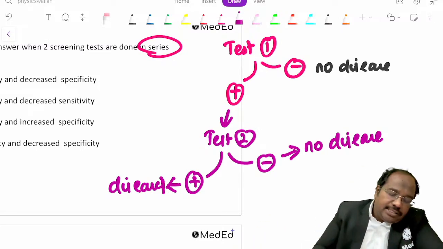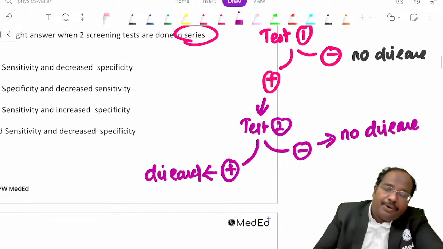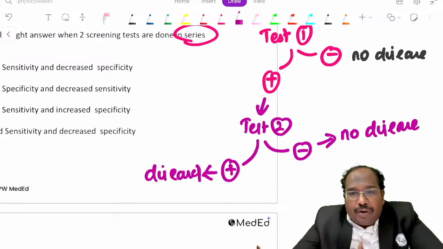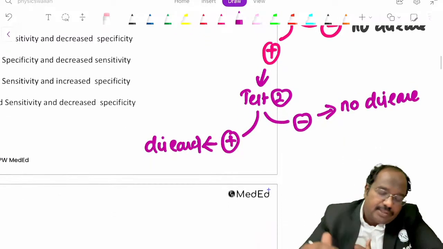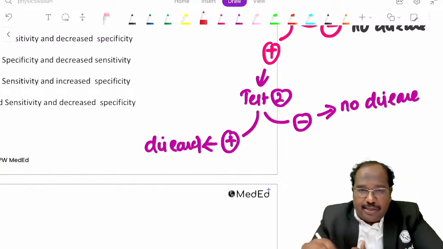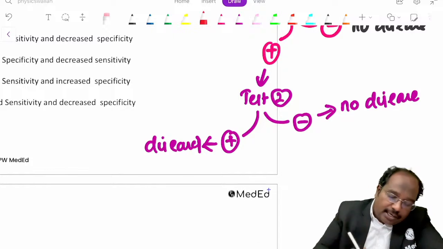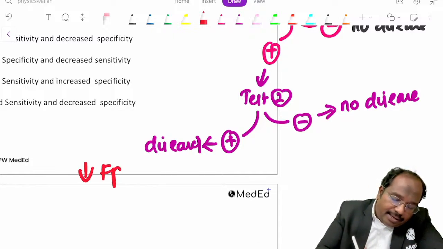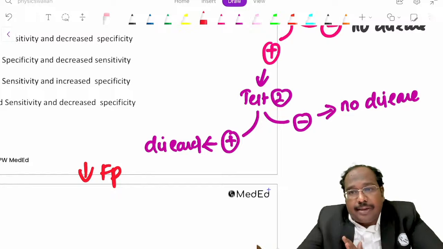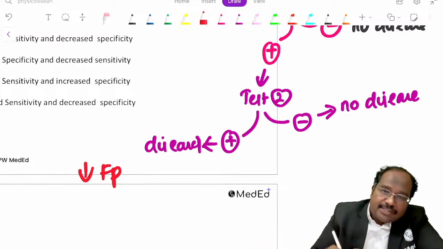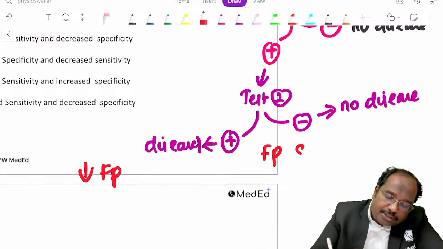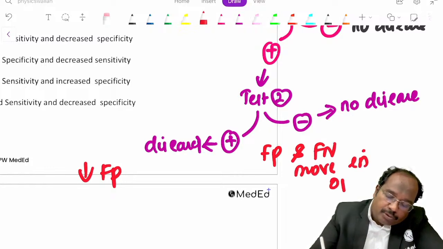Now, logically, can you tell me what will happen to false positives and false negatives? False positives alone we will see. You have to do two tests. The first test has to be positive, and among them you do the second test, which also has to be positive. So logically, there will be a decrease in false positives. Always remember, false positives and false negatives move in opposite direction.